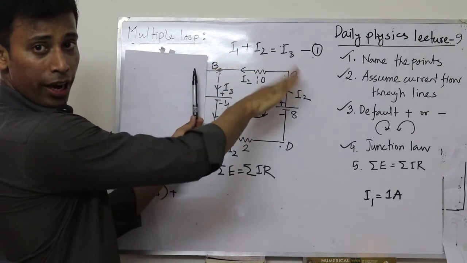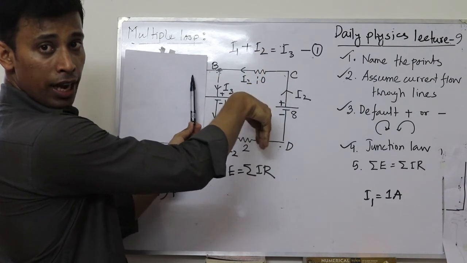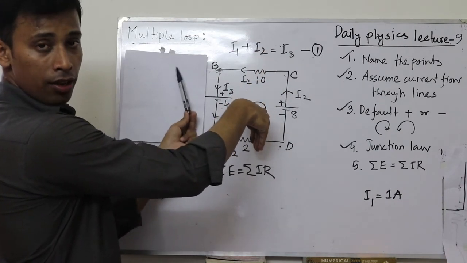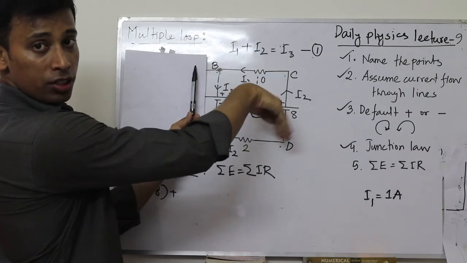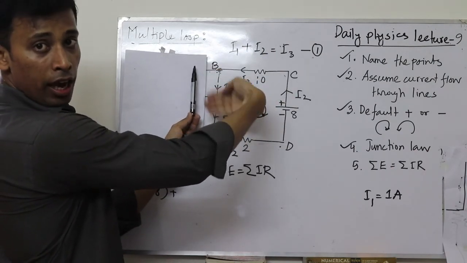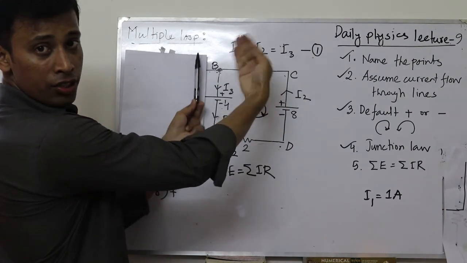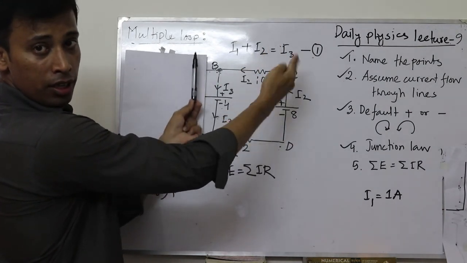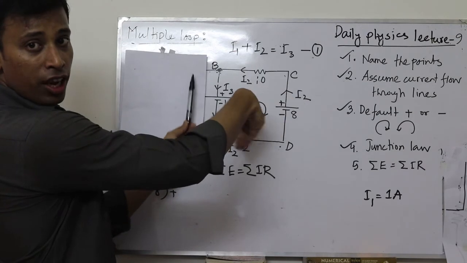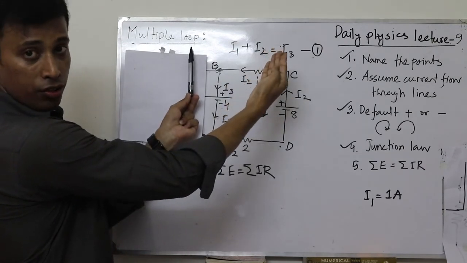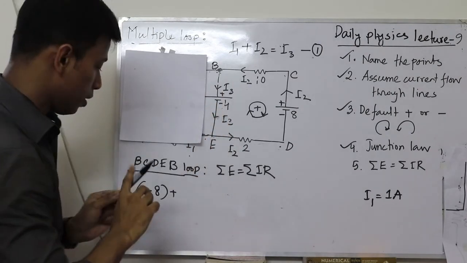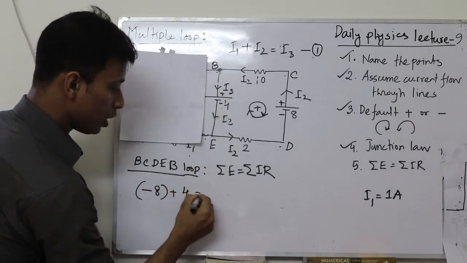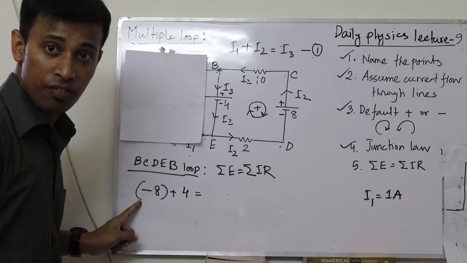Look at this, that's our cell, and that's our default positive hand. The direction of the cell is acting along the direction of our clockwise direction, along the direction of our hand. So this cell is the positive cell. So 4 is positive. We are done with the EMF, that means the left side.